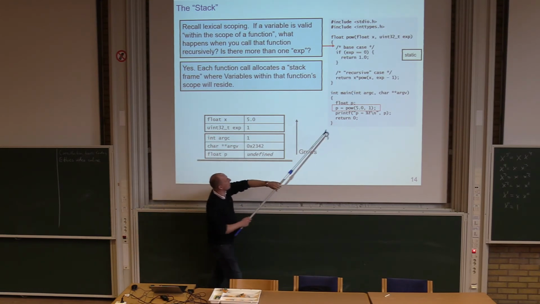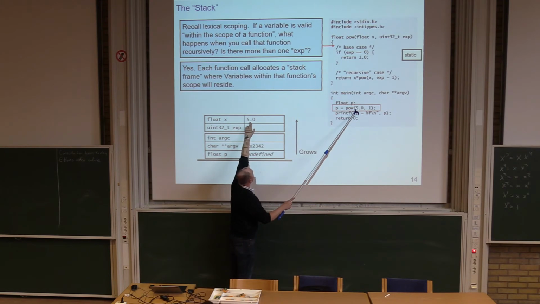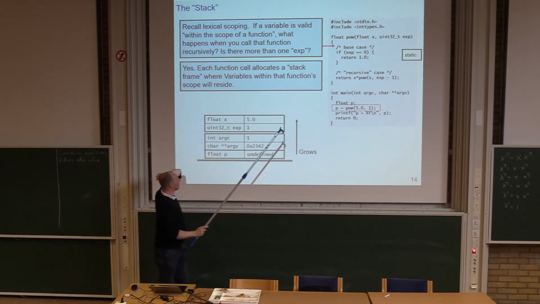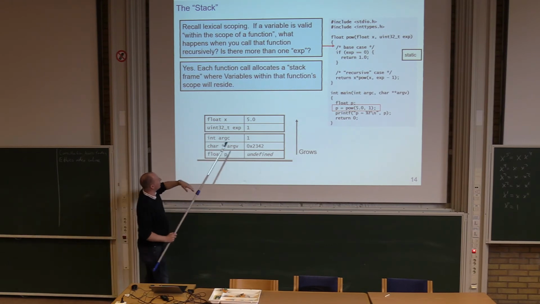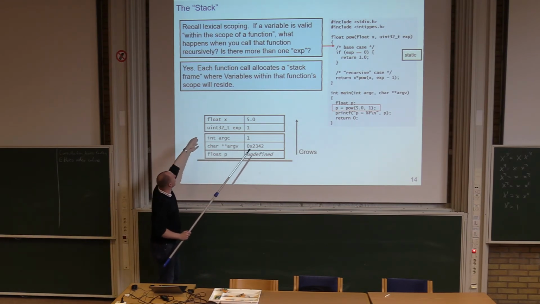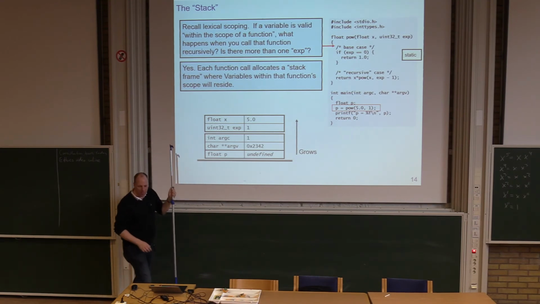Okay, so first we put the last argument here, so 1, and then we put the first argument, that is 5. Okay, and we will always have a pointer that points to the top of the stack.